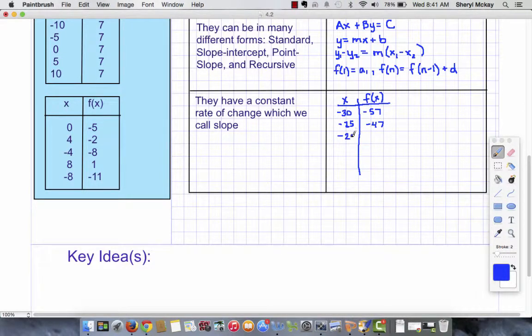When x was negative 20, f of x was negative 37. When x was negative 15, f of x was negative 27. And you see what we're doing, right? So there's a constant rate of change, and the constant rate of change says that the f of x has a constant difference, okay? So here it was plus 10, and it always stays the same, plus 10, from one term to the next.